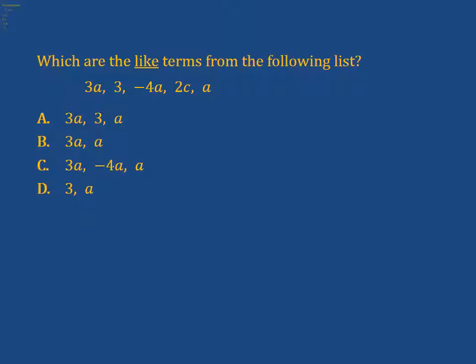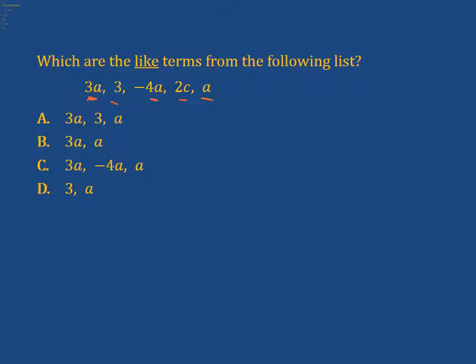Okay, what are like terms? Like terms are terms that are the same. We could think of these as a's, but that one's a number. They're a's because there's -4 of them. They're c's and they're a's. If you think about it like that, the like terms should be relatively obvious.